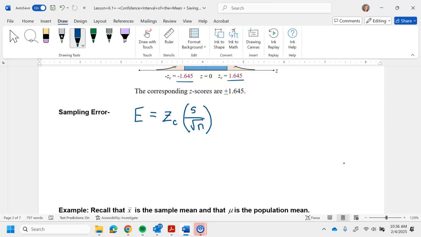So as we said here, z_c is your critical value, s is your standard deviation from your sample, and n is your sample size.